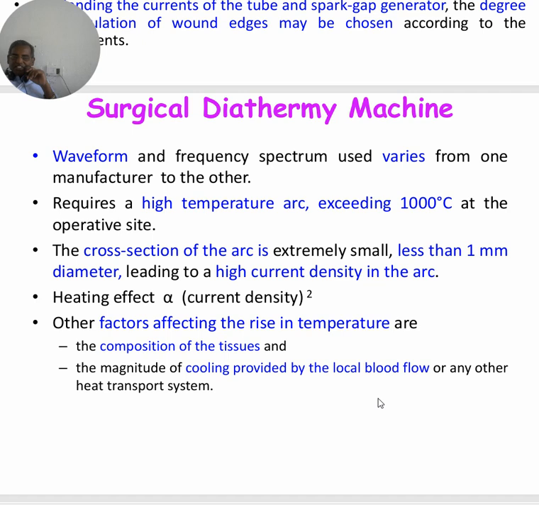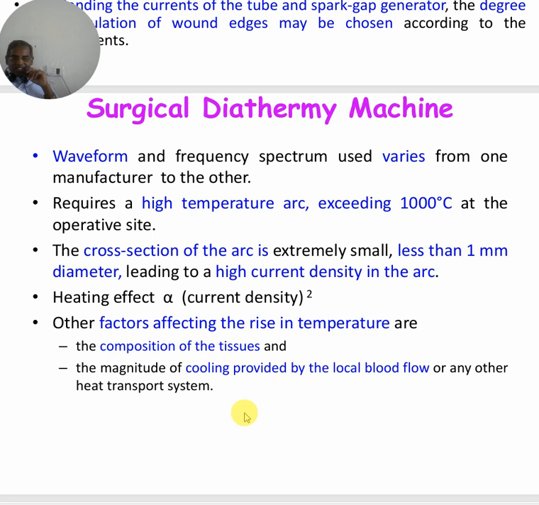It triggers a high frequency arc exceeding 1000 degrees at the operative site. The cross section of the arc is extremely small, less than 1 millimeter in diameter. Because of that, current divided by area, which is called current density, is very high in the arc.